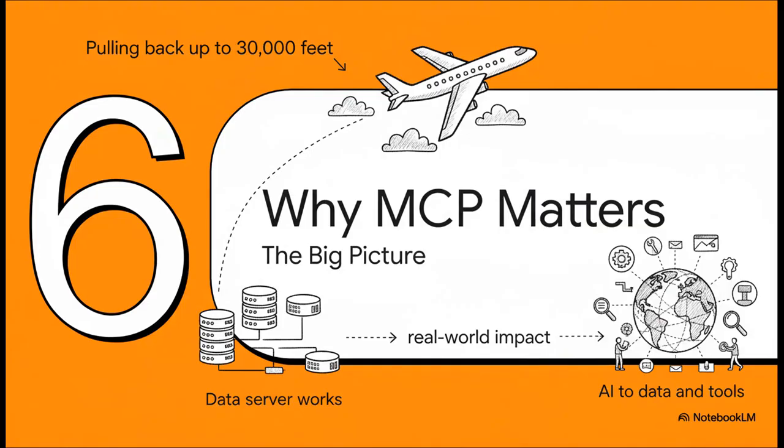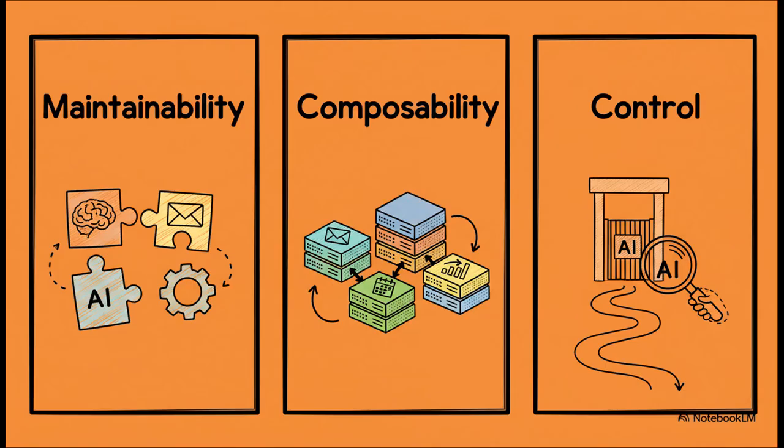Okay, I know that was a little deep in the technical details, so let's pull way back up to the big picture view. We've seen how the server works with all its components, but the real question is, why does any of this matter? What's the real-world impact of doing things this way? Well, it really comes down to 3 massive benefits. First up, maintainability. Because the AI's brain is separate from the tools, your apps become so much easier to fix and upgrade.